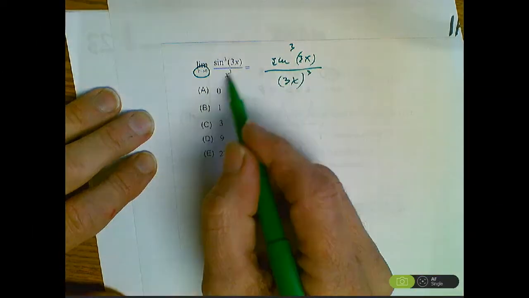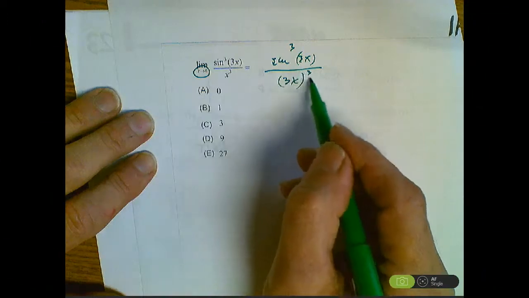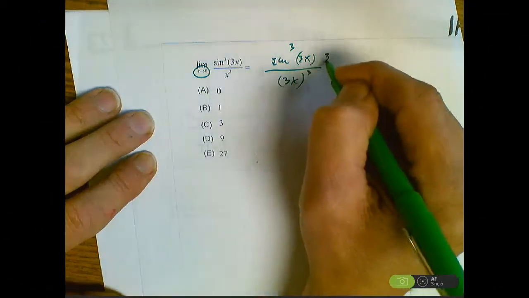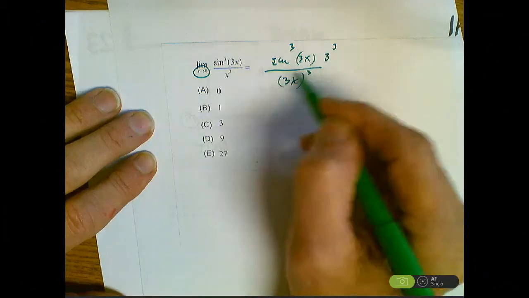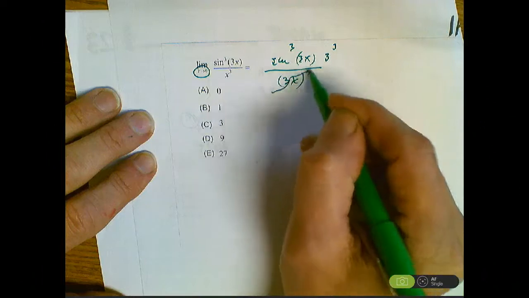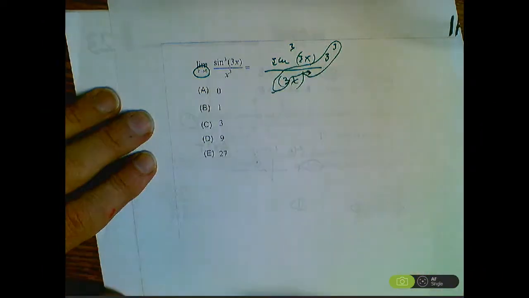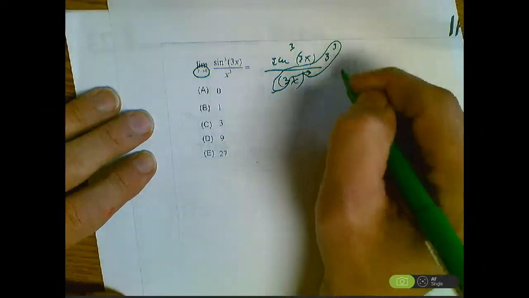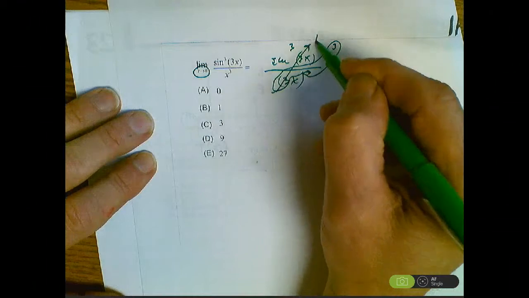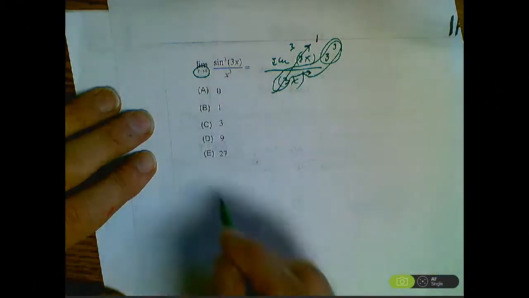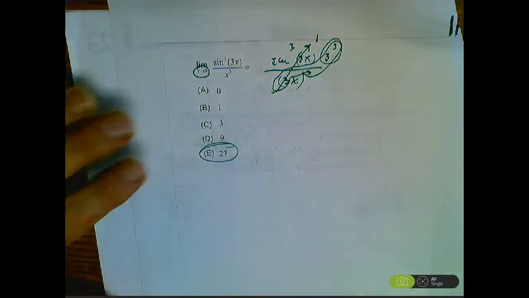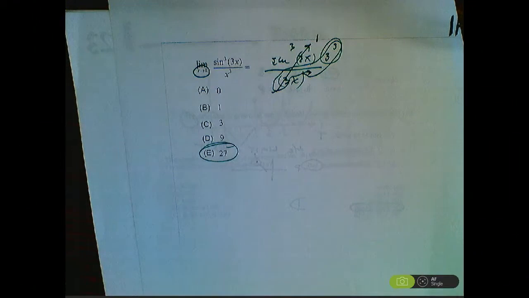Well, I already got the x cubed, but I plugged in a 3 cubed, so I need to put a 3 cubed up here to balance this part out. Okay, I balanced it out now. So I look at what's left. This limit here goes to 1, and what's left is 3 cubed, which is 27. Okay, so that's problem 1A.